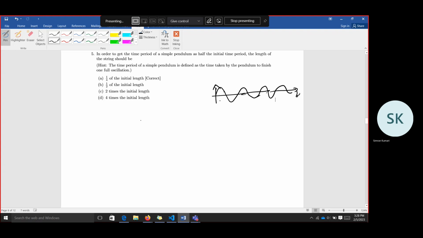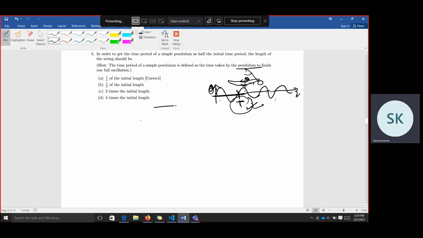This is the theta angle, suppose this is a pendulum. So this is the angle which the pendulum makes with the vertical axis. This is kind of an oscillating response. We try to find the time period of completing one oscillation, suppose going from there to there. Okay, this we have to find, and we also have to find what the length should be if the time period is decreased to half.